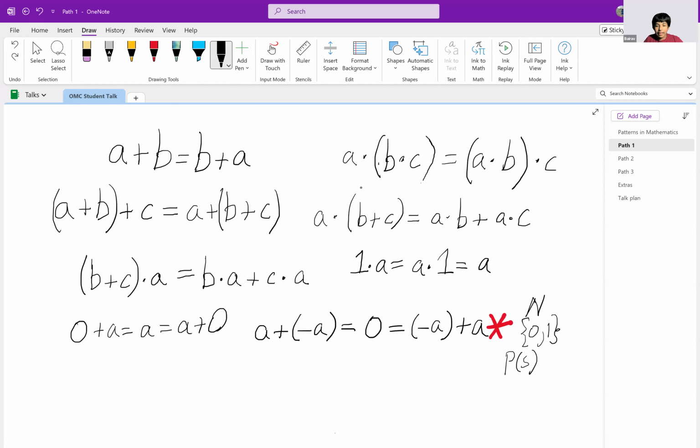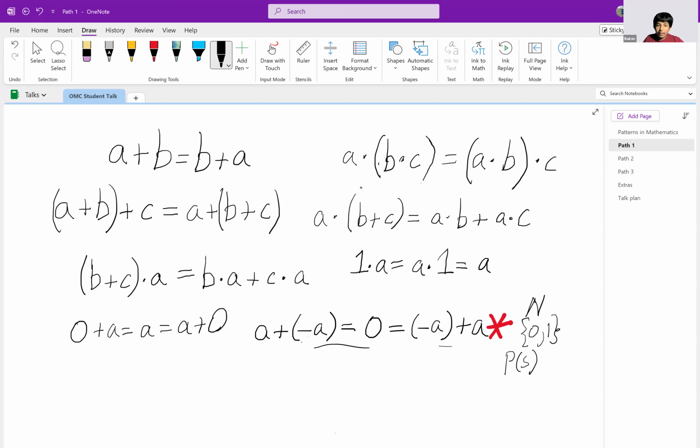For natural numbers, we can add it, but for most of these addition and multiplications that people consider, this property is there, though in a few it isn't.